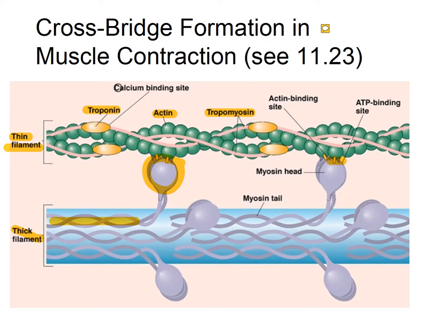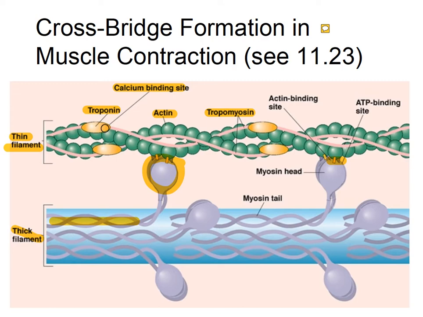Again, how do we get this strong cross-bridge formation? Notice at the top that the troponin protein has a calcium binding site. When calcium is present, it will bind to this troponin. Notice the way they've drawn this, and your book does this as well: troponin sits on top of tropomyosin, so they're connected.